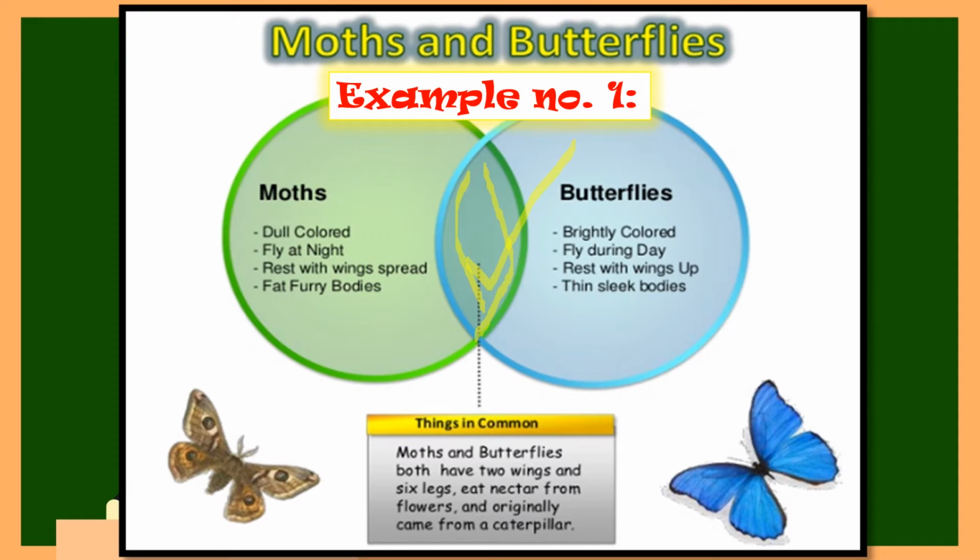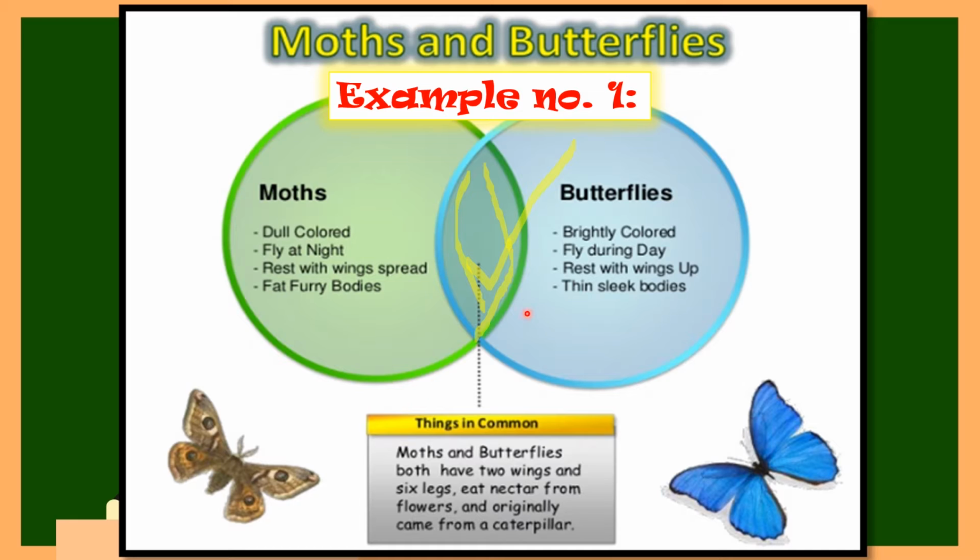So, the diagram is put inside a big rectangular, which is called the universal set. So, nasaan ang ating universal set? Ito pong malaking rectangle na to, yung box na yan. Yan. So, the universal set contains everything that we have listed about moths and butterflies.